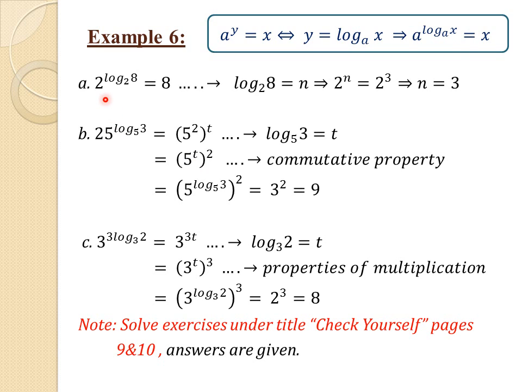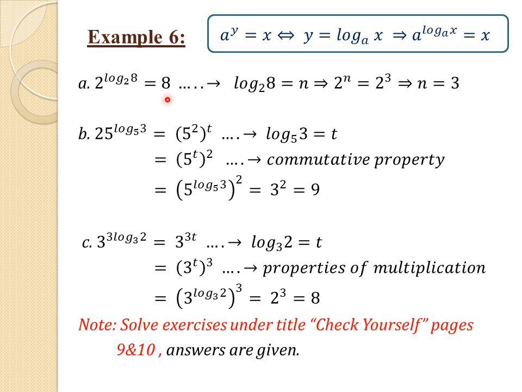Now we will do it here. For example, 2 raised to logarithm 8 base 2. So now the bases are alike, the big one and the small one both are alike. So then the final answer is 8.